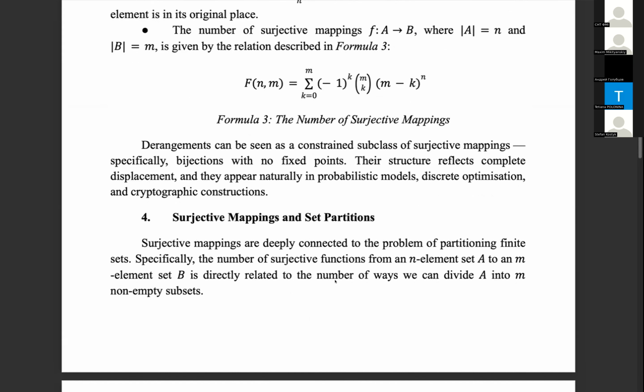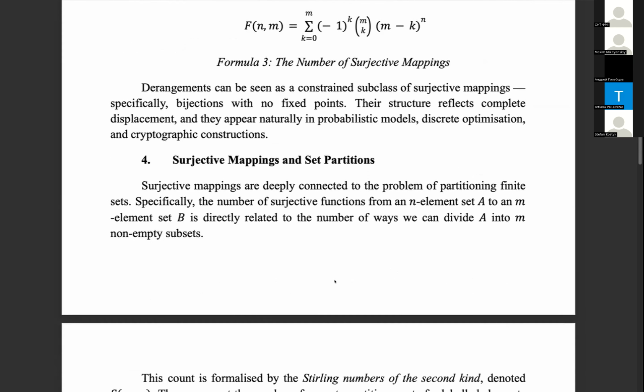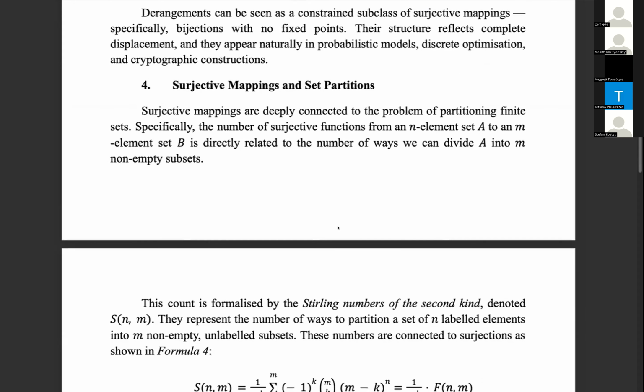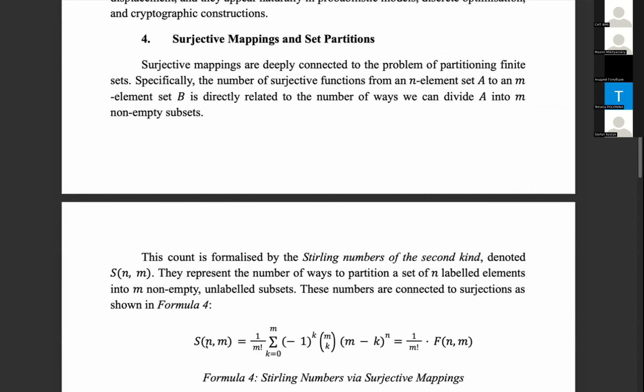Next, let's look at how surjective mappings lead us to partitions of sets. If we consider the number of ways to partition a set of n elements into exactly m non-empty unlabeled subsets, we arrive at the Stirling numbers of the second kind, denoted S(n, m).